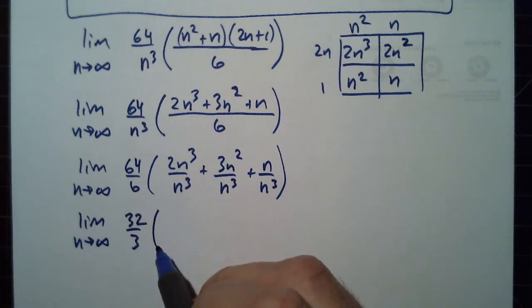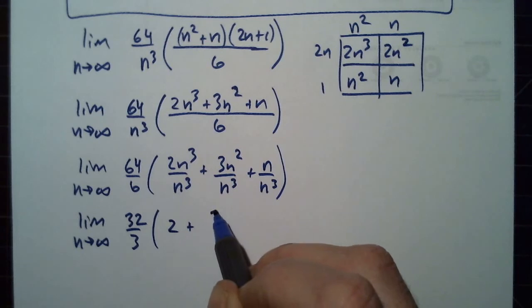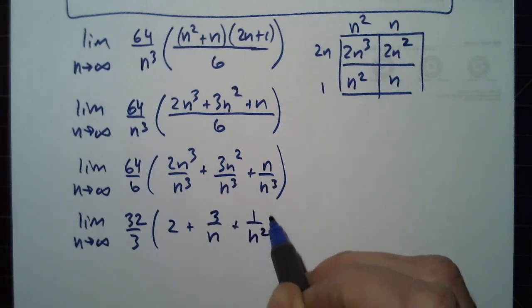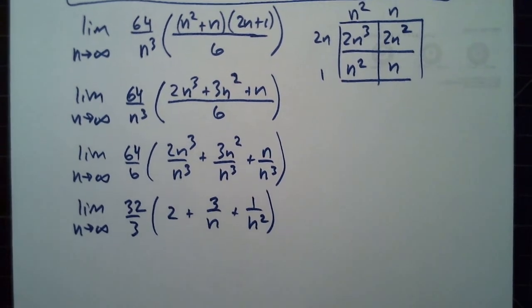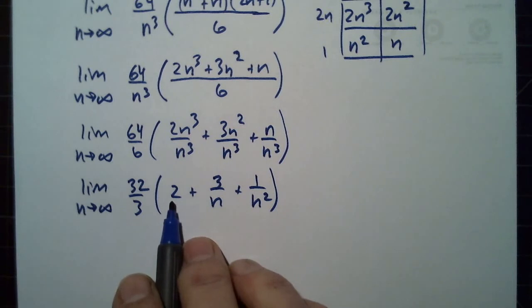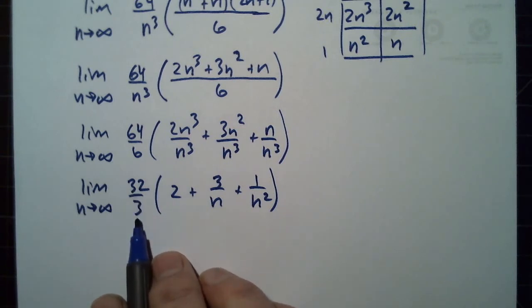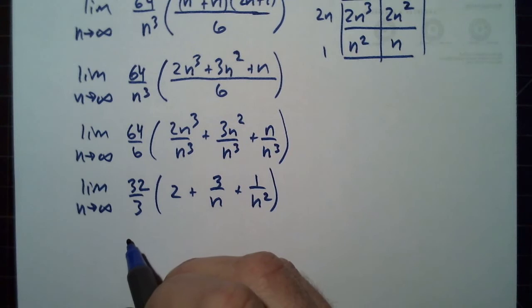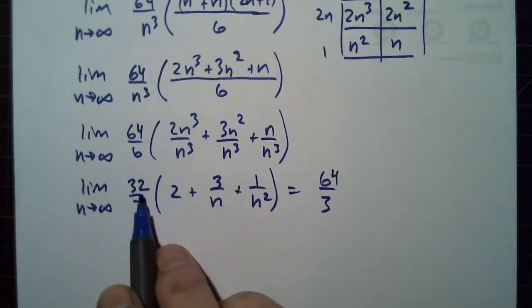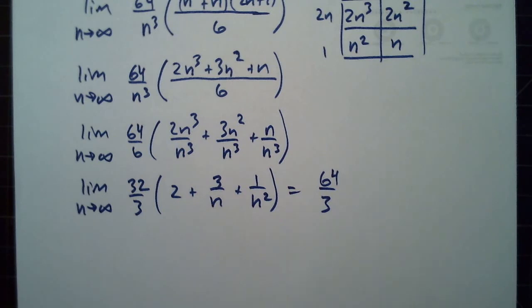Reduce by 2, and we have 2 plus 3 over n plus 1 over n squared. Then as n goes to infinity, these go to 0, so we just have 64 over 3. Multiply by 2, we get 64 over 3.